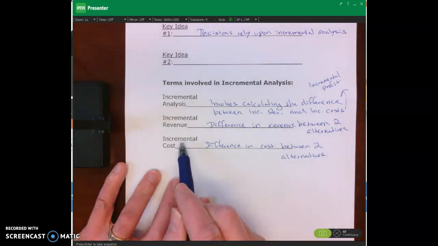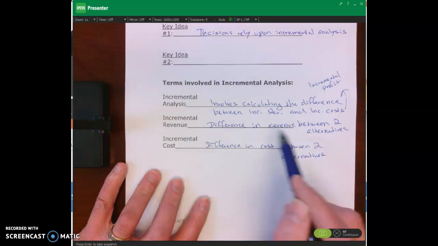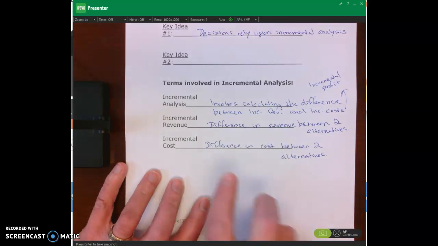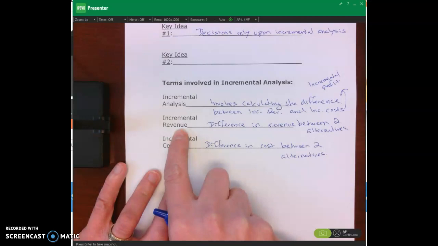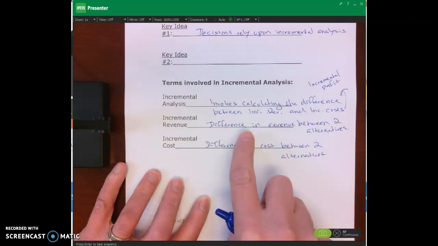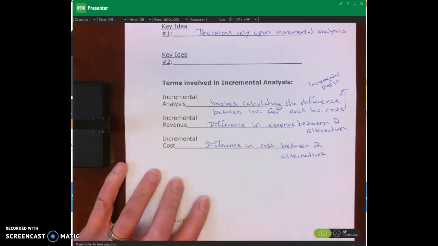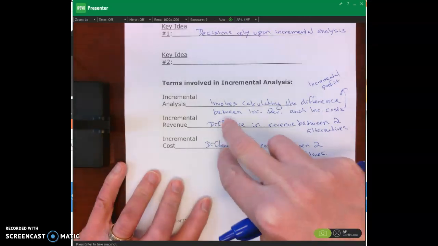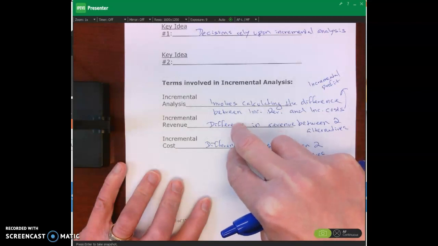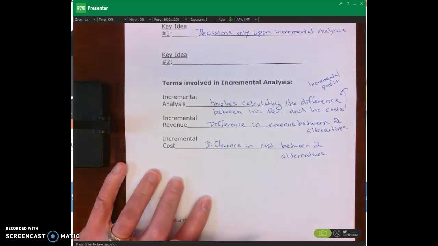Sunk costs are not incremental costs, so they don't matter. If you have revenues or benefits that are the same in either situation, and costs that are the same in either alternative, they don't matter. They're not incremental, they're not differential, therefore they do not matter. It's only the revenues and costs, or the benefits and costs, that differ between the two alternatives that matter. Okay? And that relates to incremental analysis.